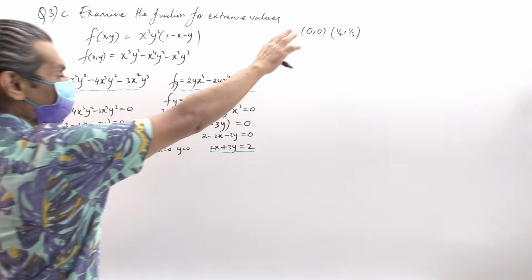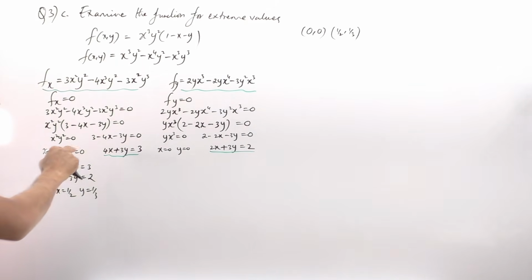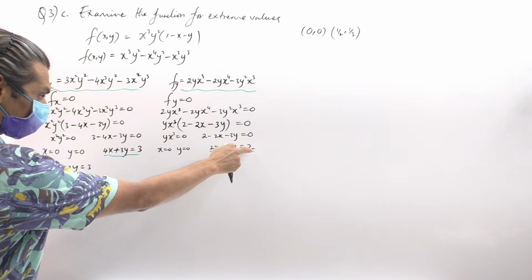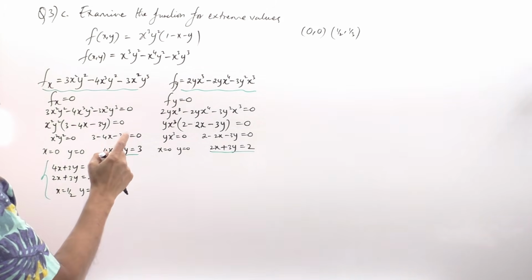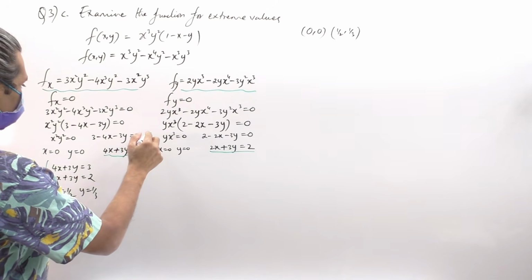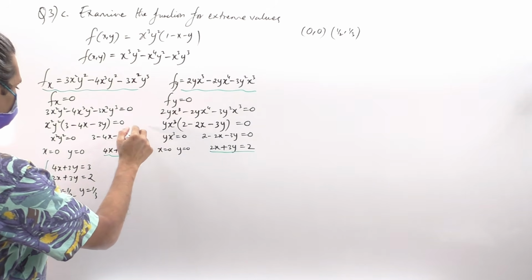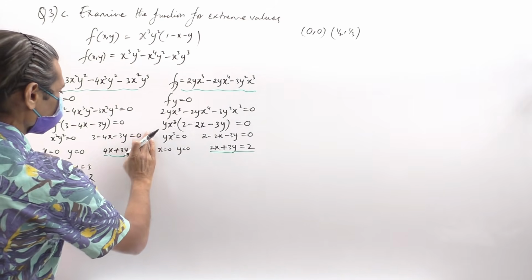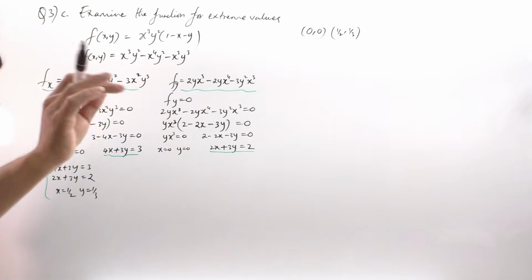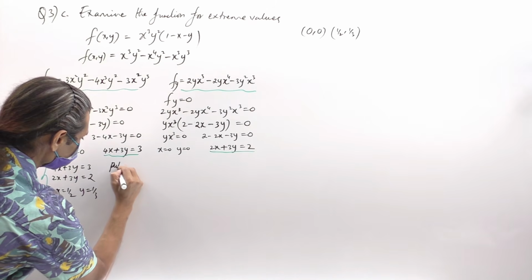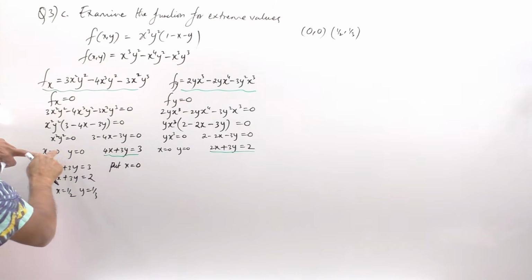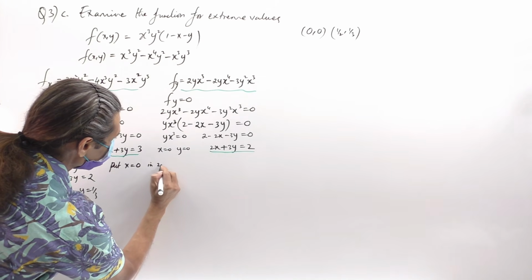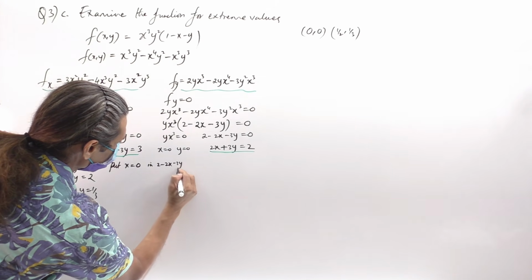Now I have one more thing here. I got 2 points, but there are more because x is equal to 0 and y is equal to 0 also apply. For your clear understanding, I'll put x is equal to 0 in 2 minus 2x minus 3y is equal to 0.